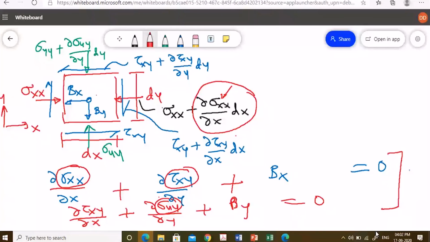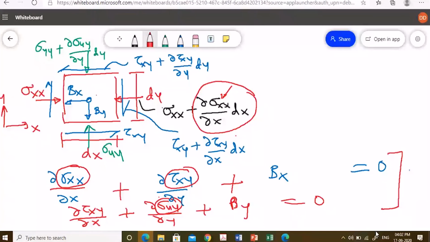You remember this equation. This is called the equilibrium equation of stresses, or the stress equilibrium equation, and everything starts from here. You are now sitting on a chair; it follows this particular equation. Any solid material will follow this equation in static loading. Okay, in static loading.